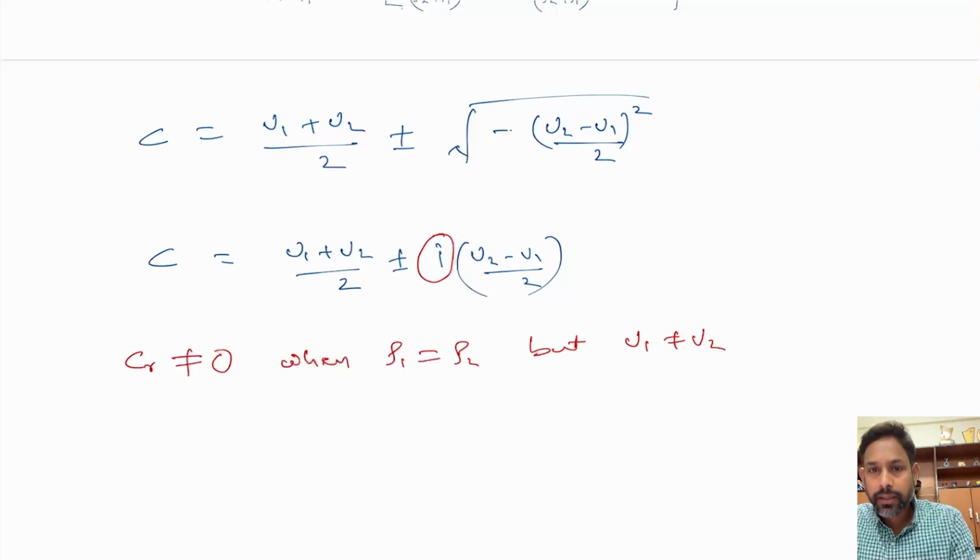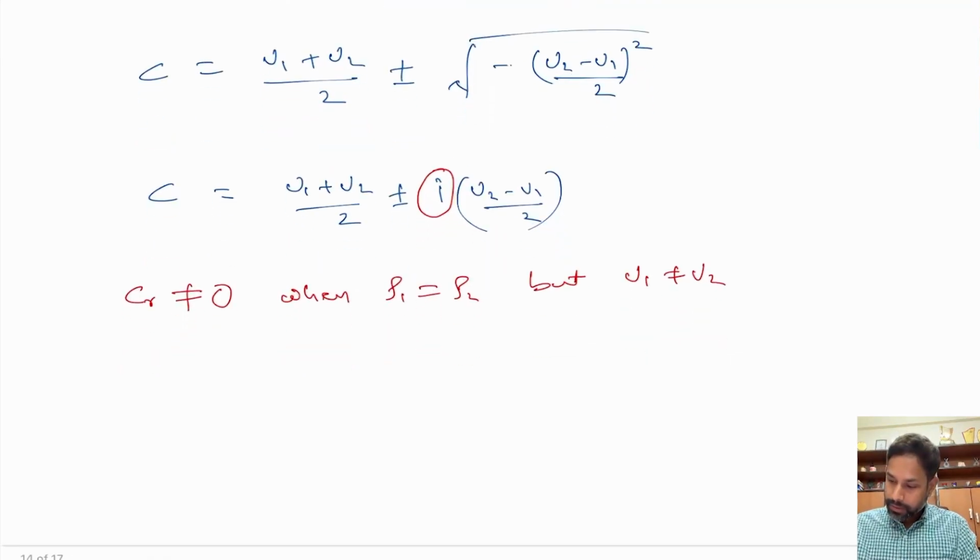However small the delta u is, the system will still be unstable because this value, as you can see, is always positive. So the CI is always greater than 0 if there is even a small delta u in the system, right? So this again means that complete instability is driven by the shear flow, not necessarily by the density difference. In fact, the density difference works in favor of stratification. So that is a factor that tries to keep the system stable, whereas delta u tries to make the system unstable, right?